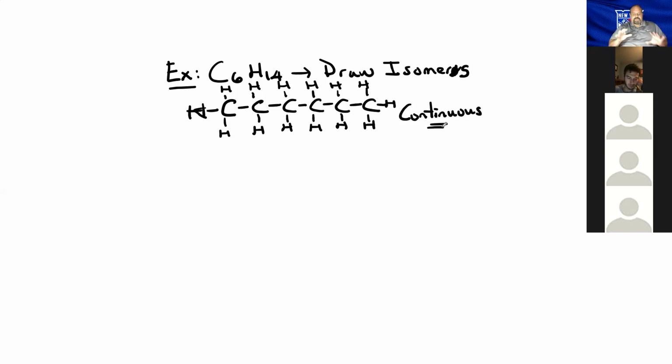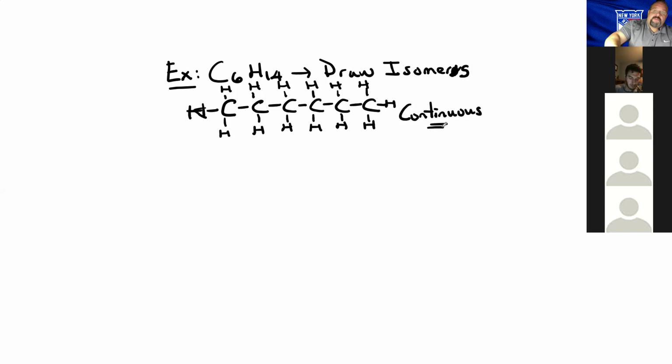Now, how would I go from here? Well, one of the things, as I said, to do would be to change the length of the parent or the main chain. Remember, for a continuous alkane, the parent or main chain is actually the compound itself.